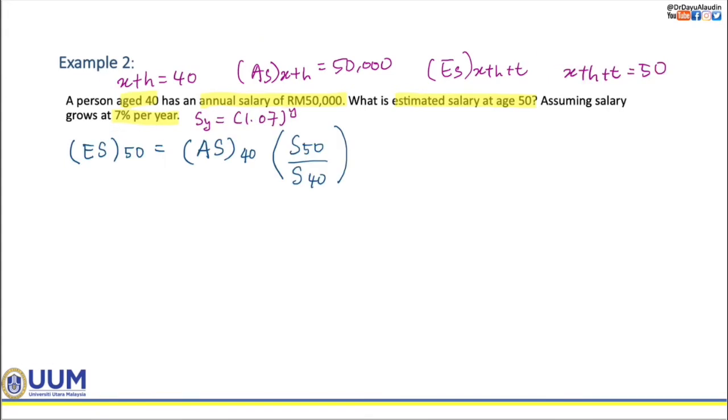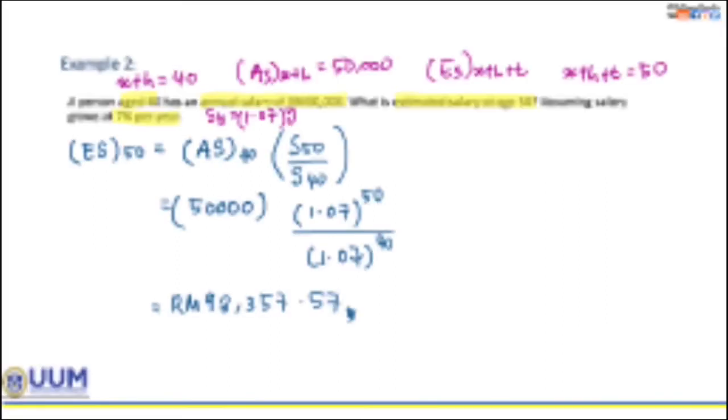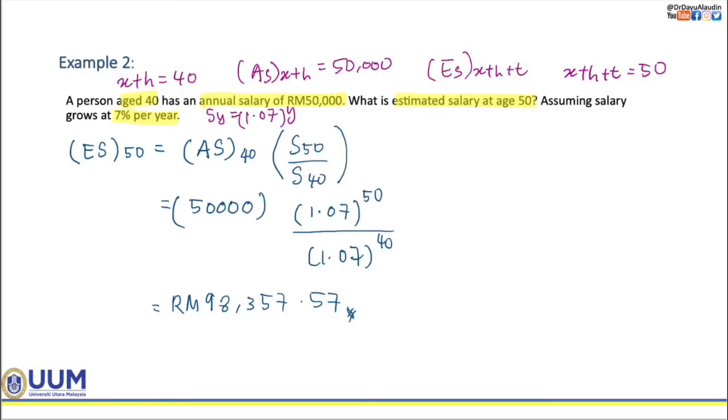So 50 is x plus h plus t, and the current age x plus h is 40, and then we substitute the values inside the formula, and finally we get 98,357 ringgit 57 cent for the estimated salary at age 50.